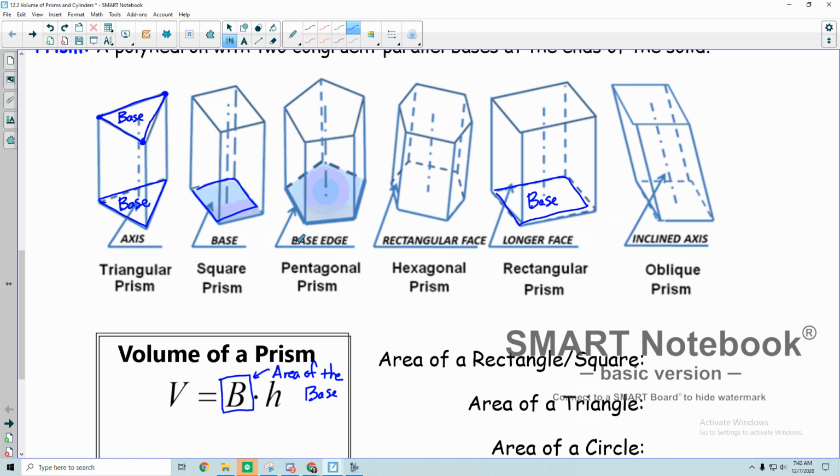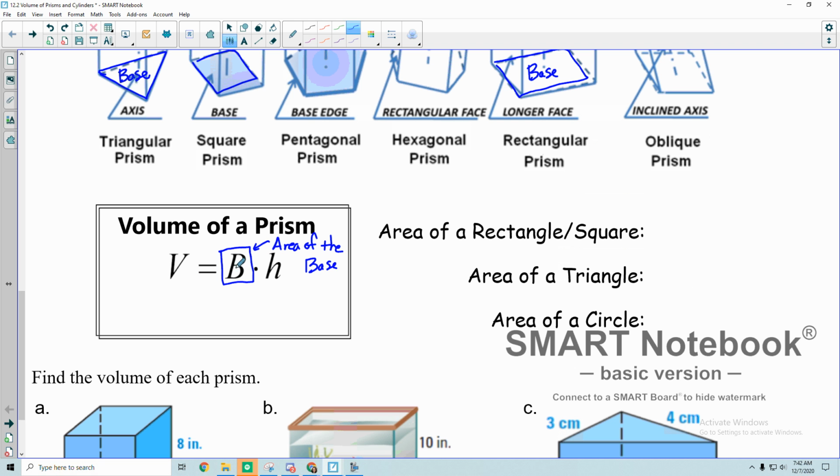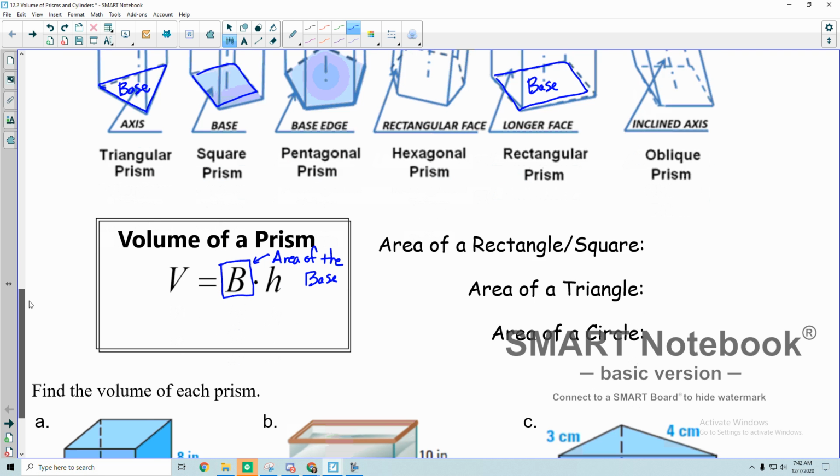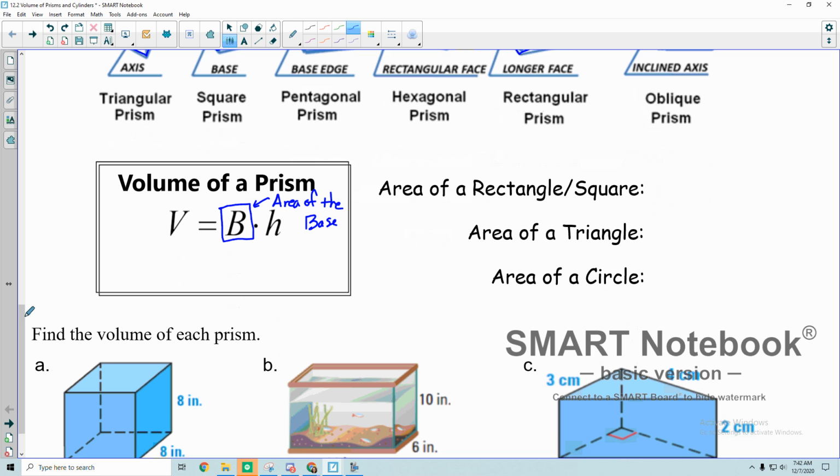So the area of that base multiplied by the height. How tall is your prism? Is it really short, or does it extend up really far? That's the general formula that we'll use.